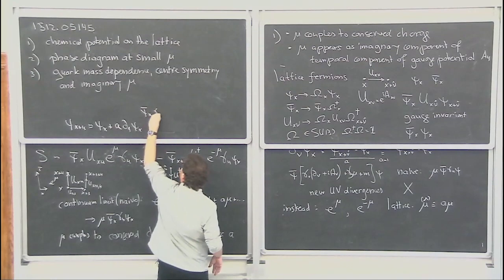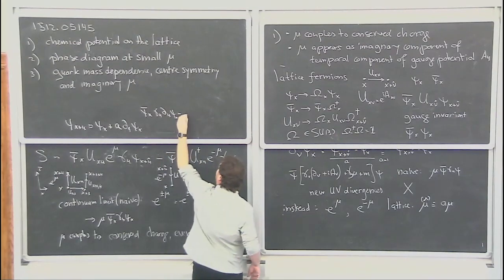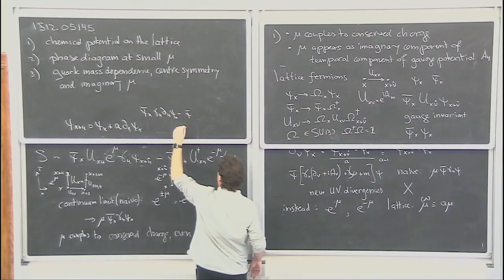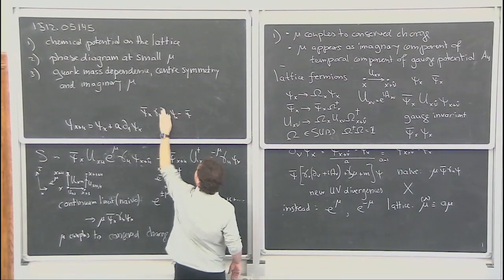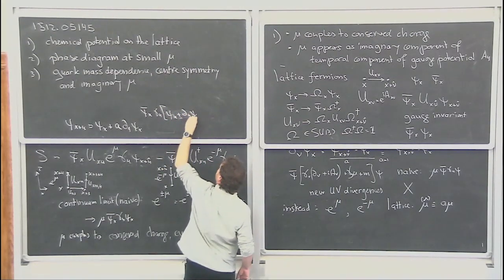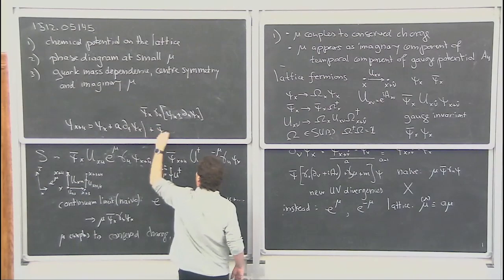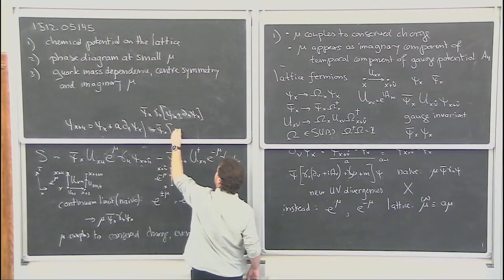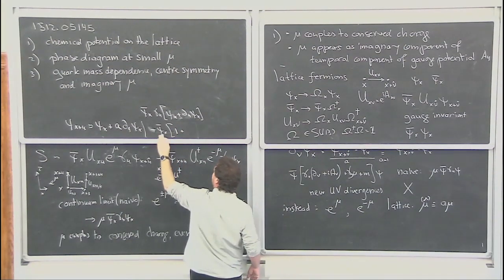And then I get gamma 4 d4 psi x, minus the same. Well, there is a leading term here, psi bar x minus psi bar x plus 1. I have to think with the signs, so we have to do this expansion here.